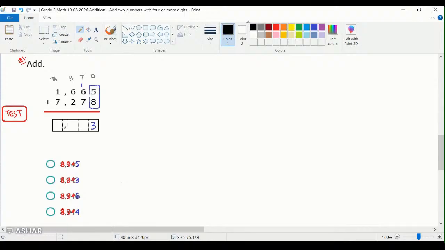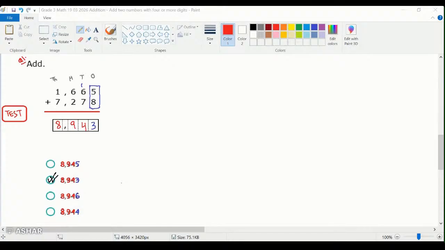So which option should be correct? The one ending with a 3. So we don't have to solve it completely, just by looking at whether they have the same digits in the beginning. If we have the same digits in the beginning, we can find the answer by just looking at the difference.